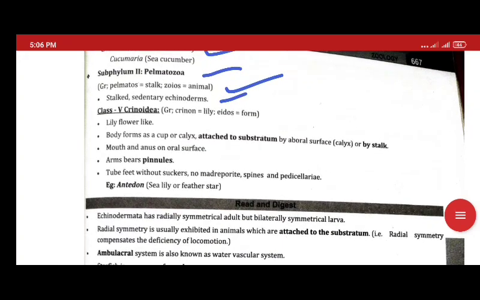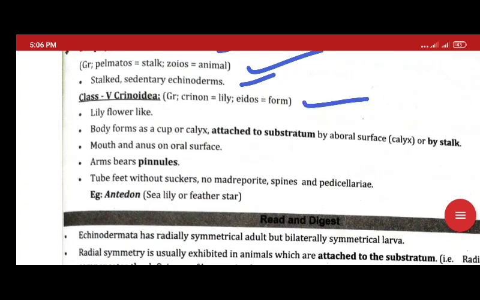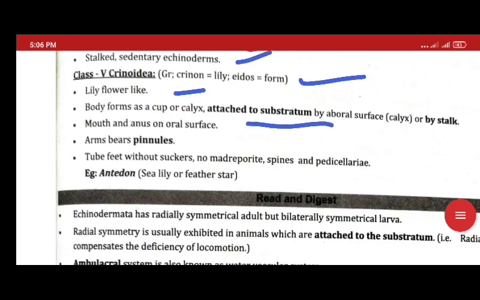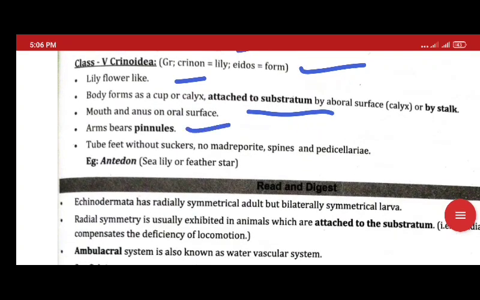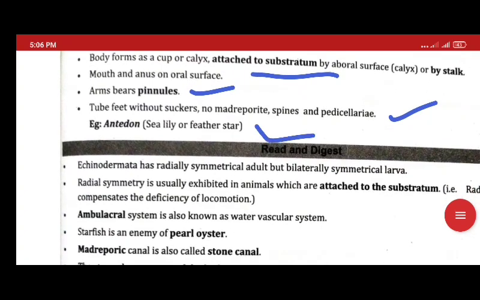Crinoidea means lily form, like sea lily, a lily flower-like animal attached to the substratum, the bottom. Arms bear pinnules, no madreporite, and the example is sea lily.